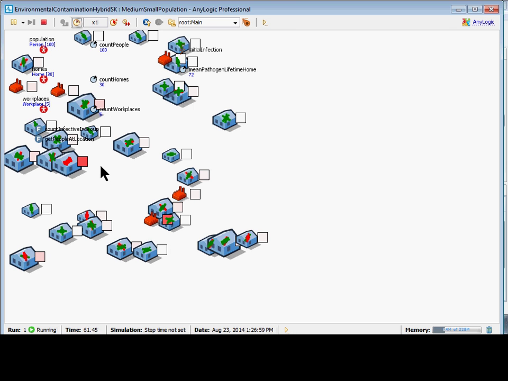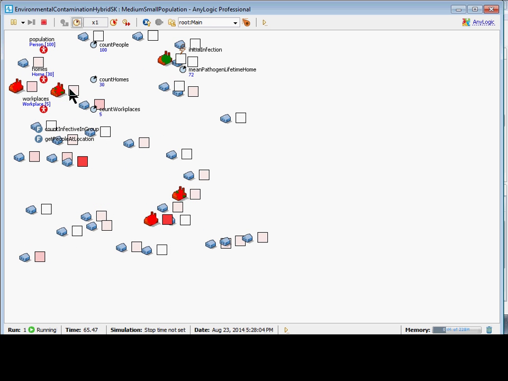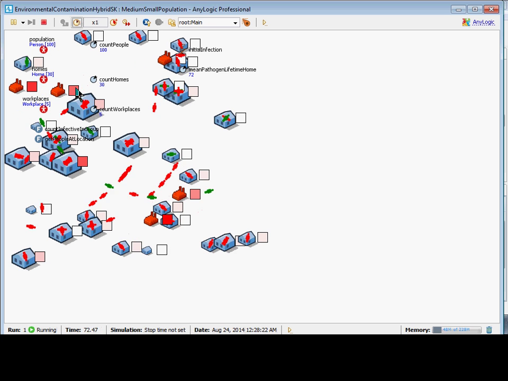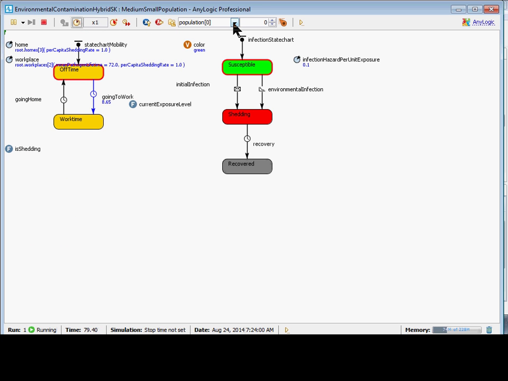This workplace is badly hit. People bring it home, spreads to their spouse, other family members who bring it to yet other locations. And through all of this, there are not only people infected, but there's also, ladies and gentlemen, these workplaces. So we can go down to workplaces here, and we can, for example, here the workplaces get pathogen built up.